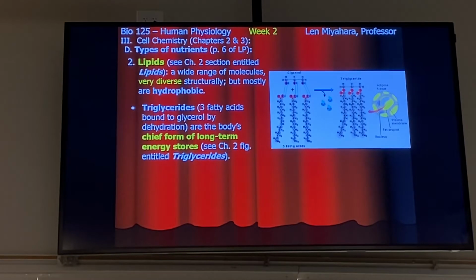But a triglyceride has 3 links, 3 fatty acids, and they're bound together by the glycerol. It is one of the more common lipids in your body, so it is the chief form of energy storage. This is the fat you think about when you think about getting fat.